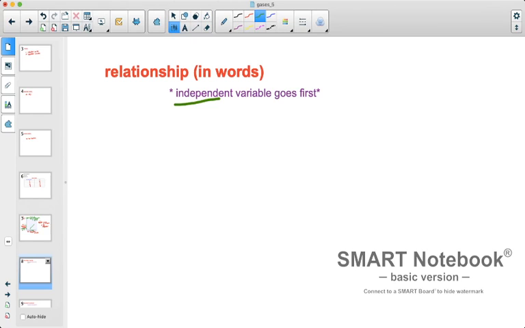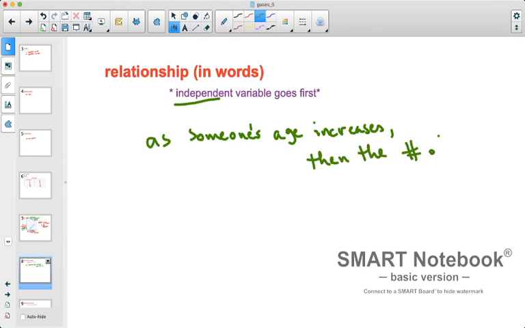So we can write down that as someone ages, or as someone's age, let's get my grammar correct, increases, then the number of hours of TV watched increases as well.